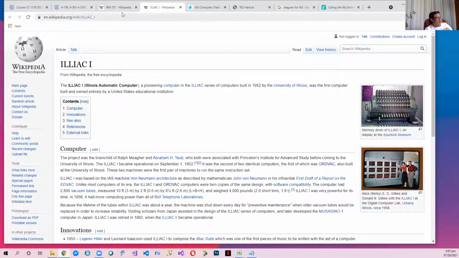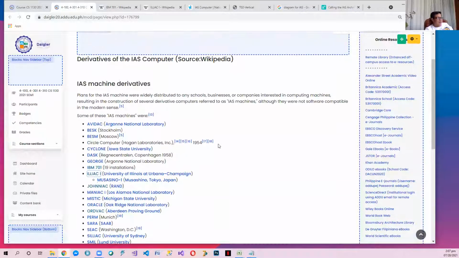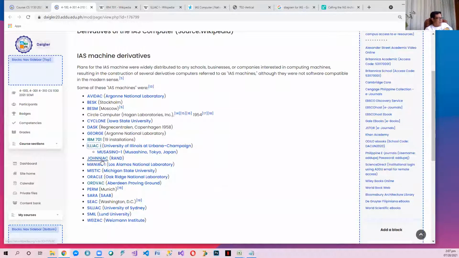EDVAC. Now you may ask why was EDVAC not here? Bakit wala yung EDVAC? Because EDVAC was released at the same time as the IAS. Na-release siya at the same time, 1951. And it was also developed at the same time as the IAS. But remember that John von Neumann was a consultant to EDVAC. Okay? There was UNIVAC, by the Remington Rand Corporation.